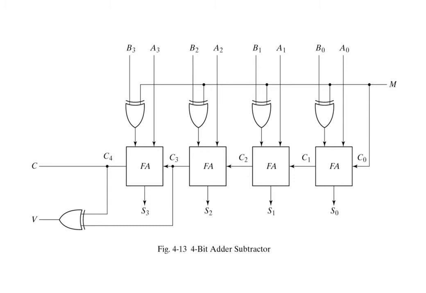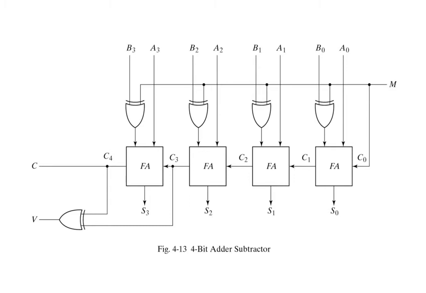This figure shows a 4-bit adder subtractor circuit. By changing yi to bi and making ci equal to 1, the 2's complement of the bi input is obtained. Now the addition of the 2's complement of bi to ai results in a subtraction operation.